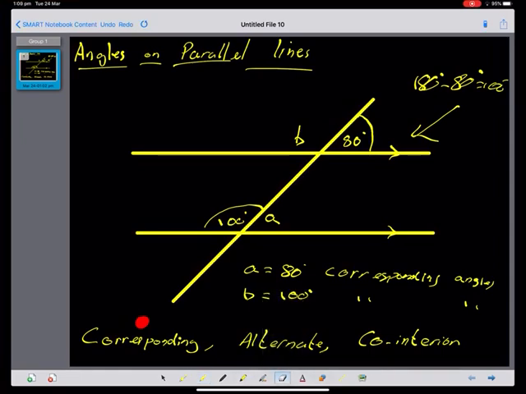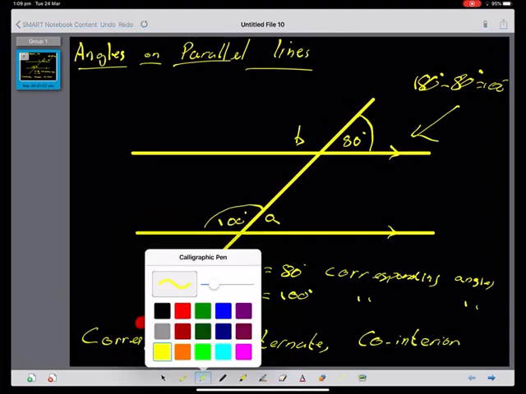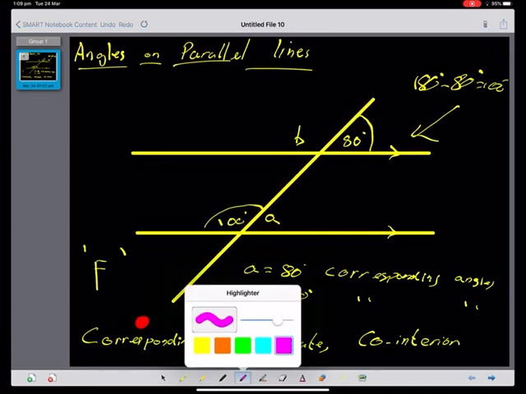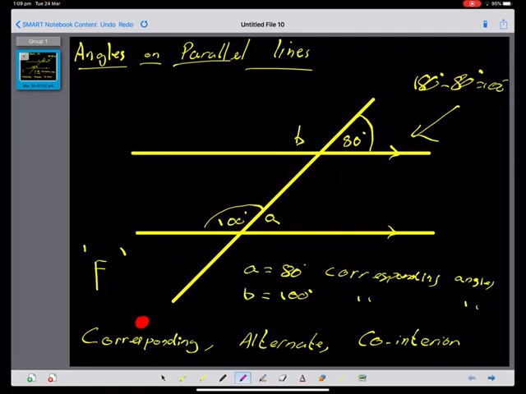Now let's have a look at alternate angles. And also on corresponding, we're looking for the F shape. Hopefully you can see the F shape here.